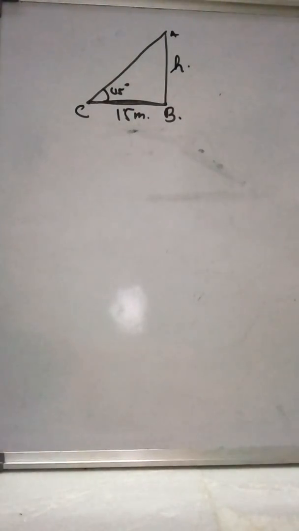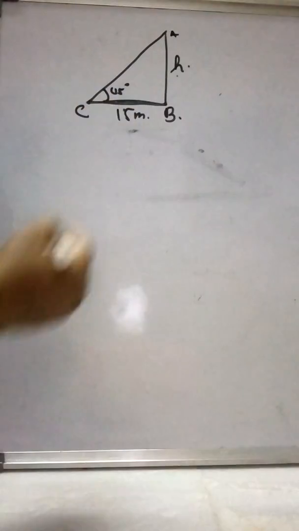So you have to write everything. AB is a tower of height h and CB is the distance between the object and the foot of the tower B, which is 15 meters, and the angle of elevation from the point to the top of the tower is 45 degrees.